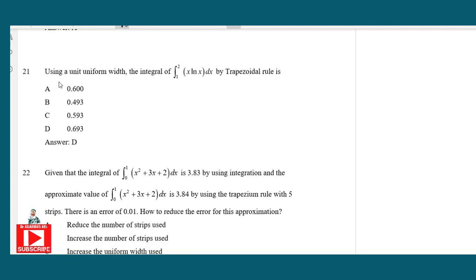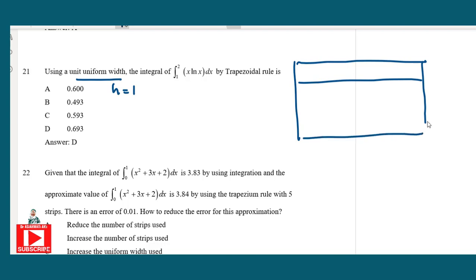Number 21. Using the trapezoidal rule, the integral of x ln x from 1 to 2 with respect to x is, okay, here take h is equal to 1. If you do the table, h is equal to 1, x0 is 1, and then here this is x, this is x ln x.